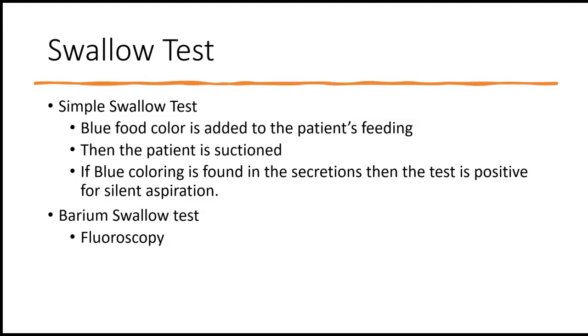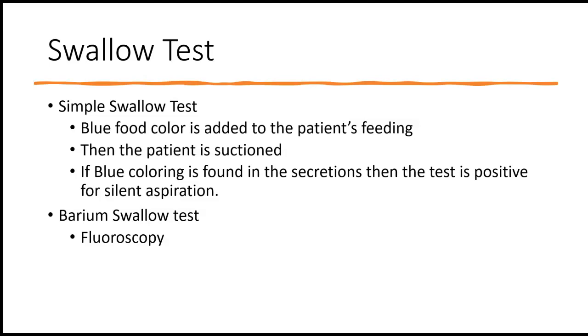A more intense or specific test that they would do would be a barium swallow test. This is done under fluoroscopy, where the patient goes down to the radiology department and will swallow contrast. A lot of times, it's a speech therapist that will be down there evaluating where that contrast is going under fluoroscopy, looking to see if it's going down into the esophagus like it's supposed to, or if some of it's ending up in the patient's lungs.